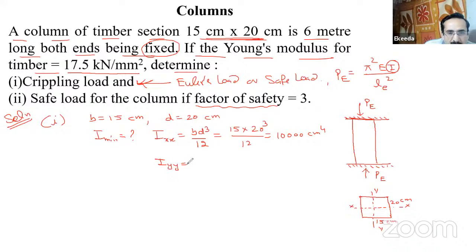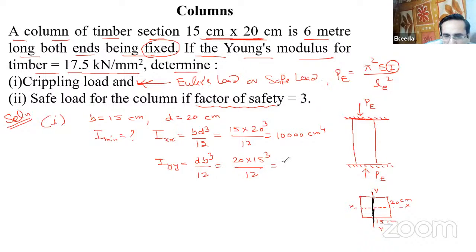Iyy is about the yy axis. For the yy axis, the cube part will be of b, so the formula is reversed, that is d b cube by 12. D is 20 and b is 15 cube by 12.